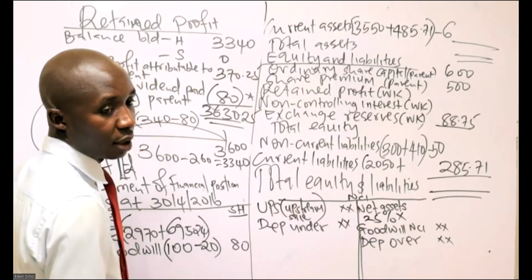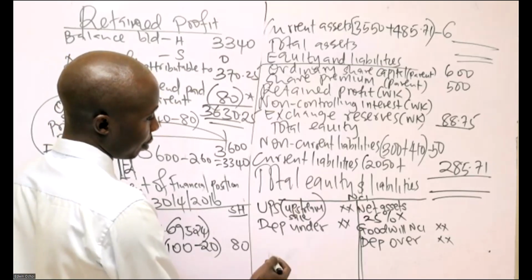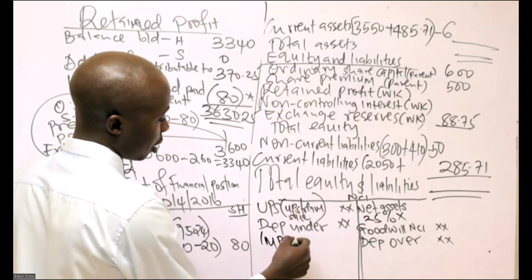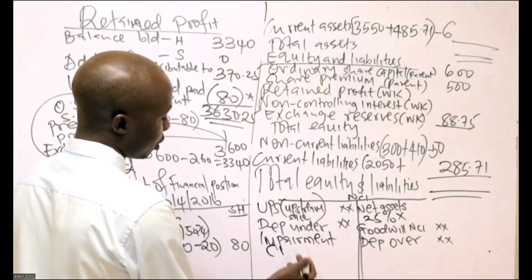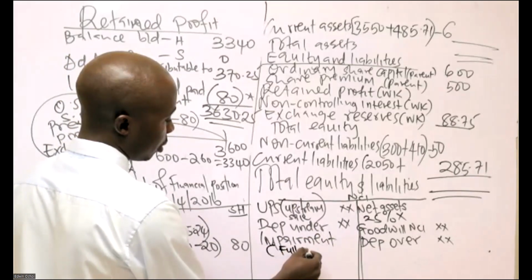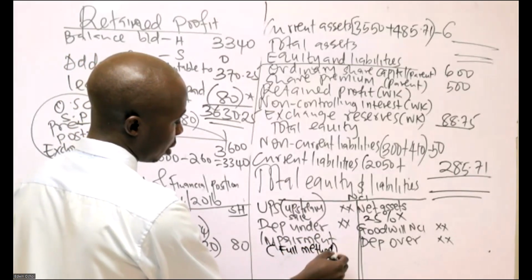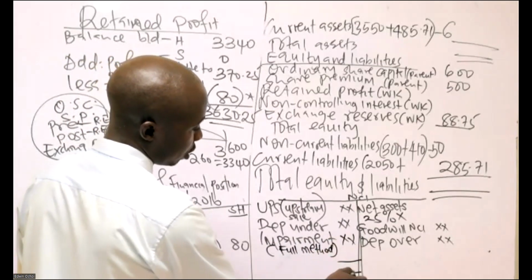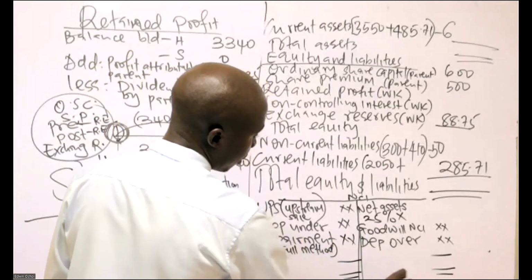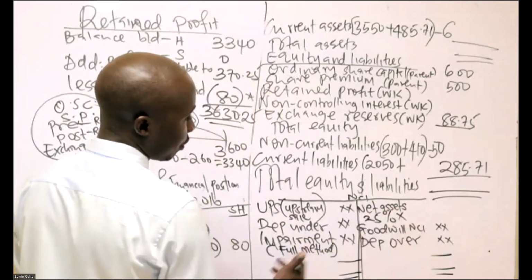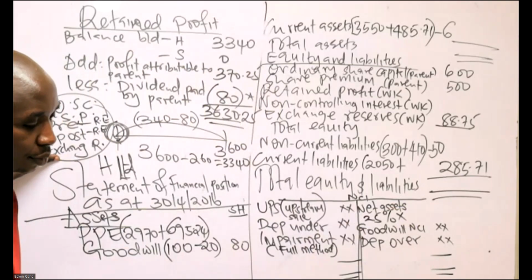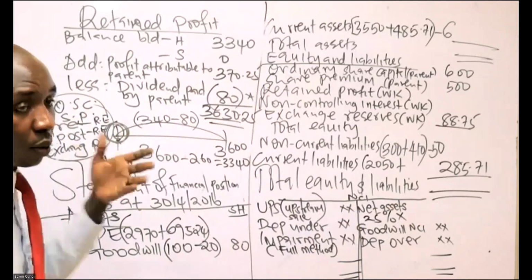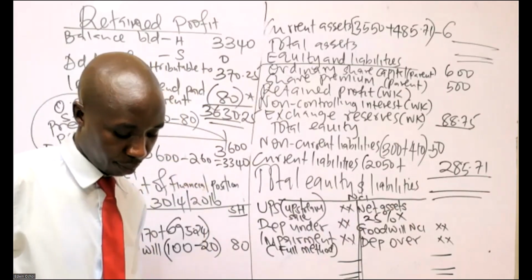The raw material it's S who purchased. Impairment, again, if we use the full method, we never use the full method, it was partial. Under goodwill, so we don't have that. So in short, what you do, 25% of the total net assets. What do you have?